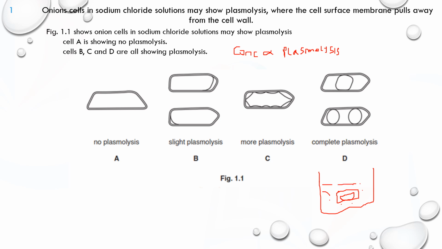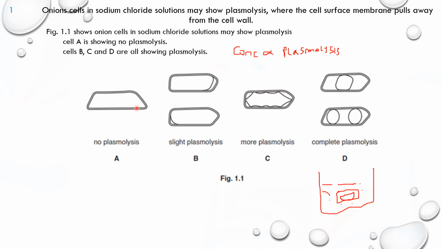So we have the concentration of the solution. As the concentration of the solution increases, that means it's going to have lower, more negative water potential. The higher the concentration of solution, the more negative the water potential is, and then the more plasmolysis occurs.